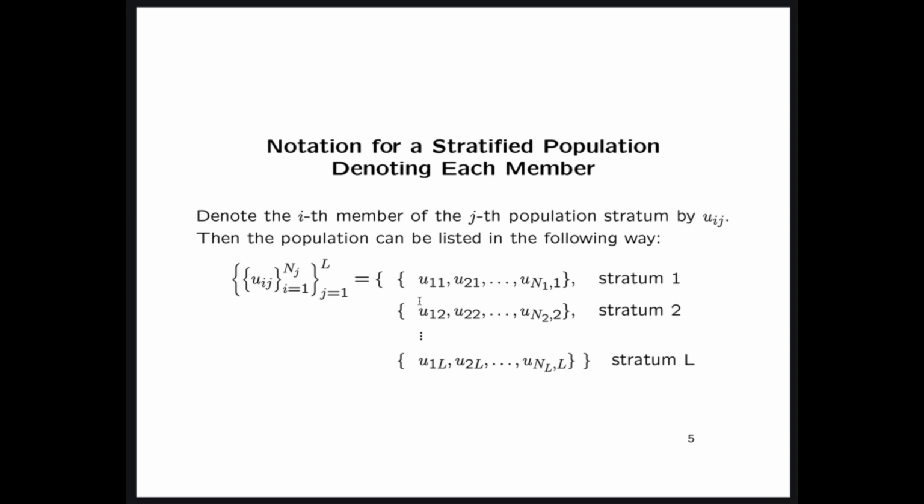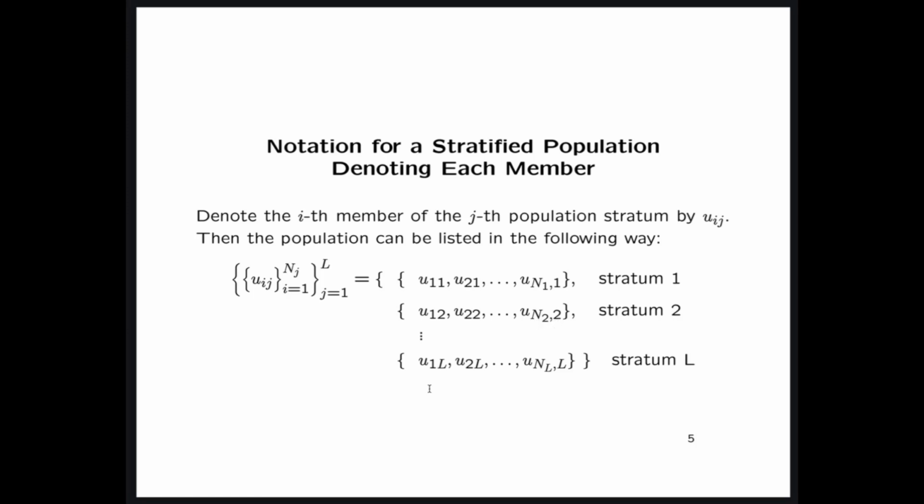And so we have the first stratum consisting of the members u11, u21, and so forth up to u sub capital N1, comma 1. The members of stratum 2 would be denoted u12, u22, and so forth up to u sub capital N sub 2, comma 2.